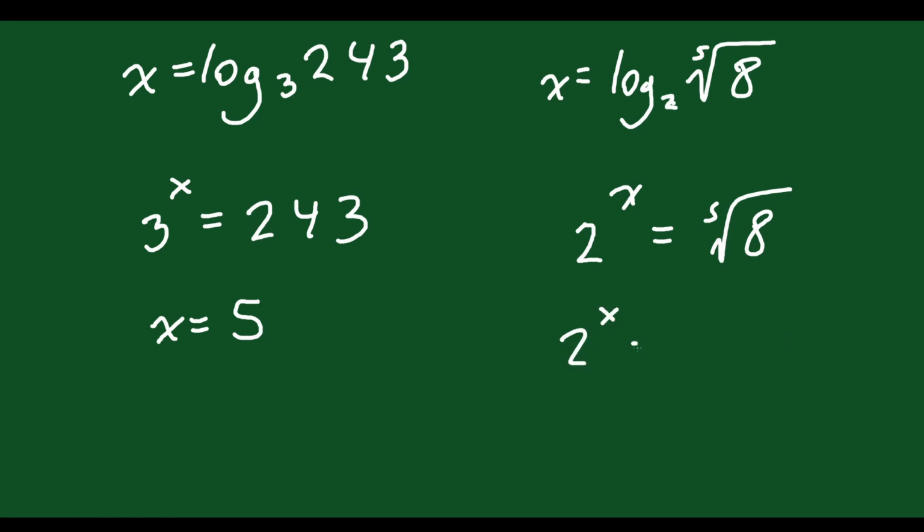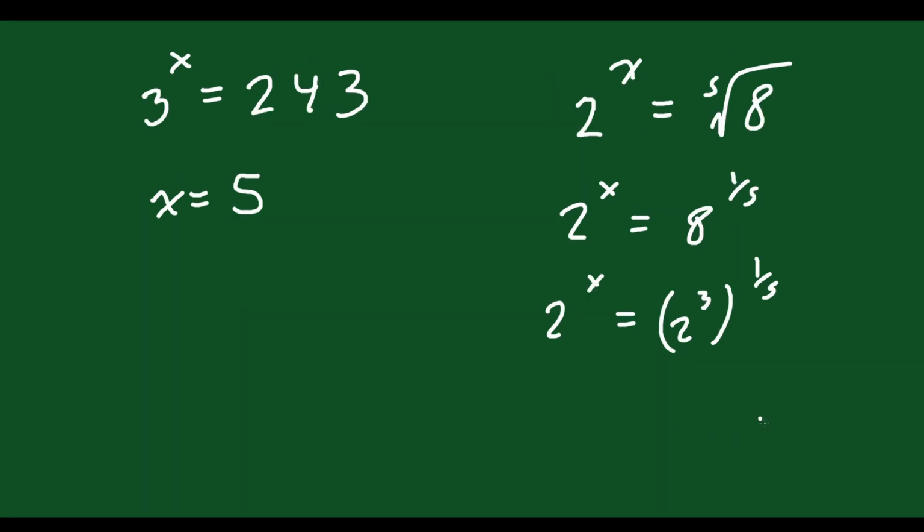Let's try 2 to the x equals 8 to the 1/5, because that's the same thing. And now let's rewrite 8 as a base of 2. So 2 to the x equals 2 cubed to the 1/5. And then you can multiply those exponents together. 2 to the x equals 2 to the 3/5. Therefore, x equals 3/5. And that's your final answer.